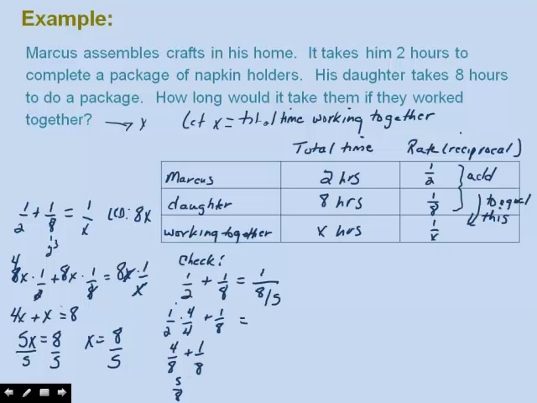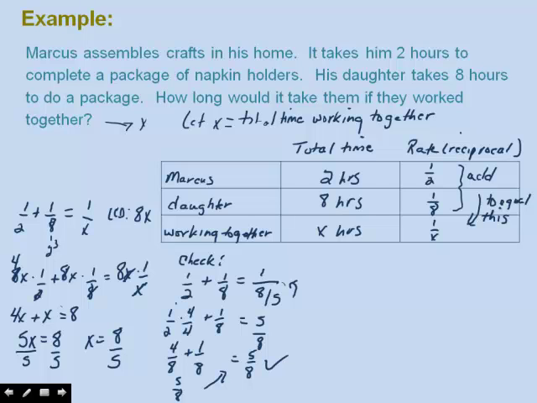And on this side, if we're dividing by 8/5, we can invert and multiply. So we're going to take the 8/5 and flip it over. And that gives us 5/8, which is what we come out with down here.